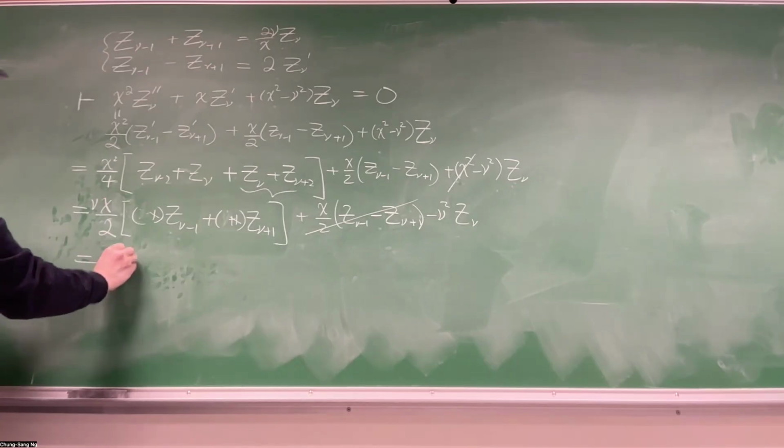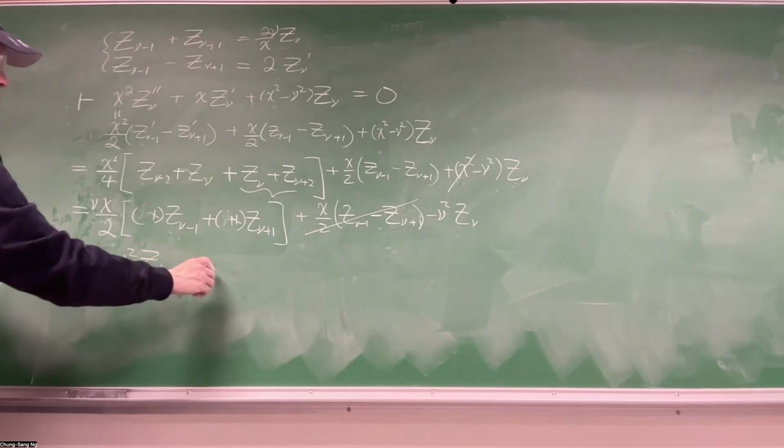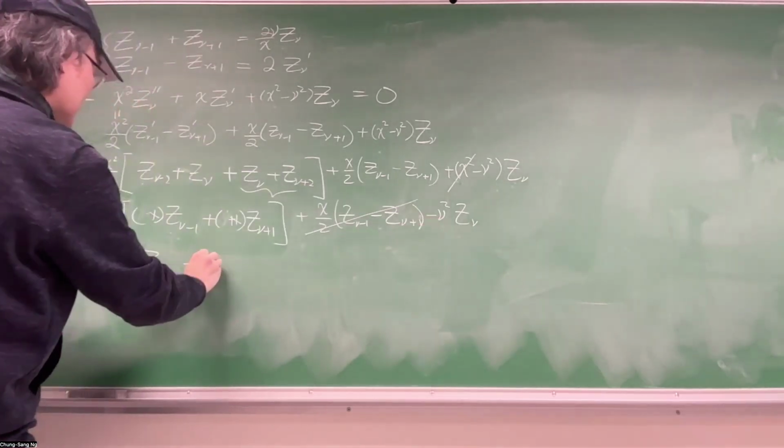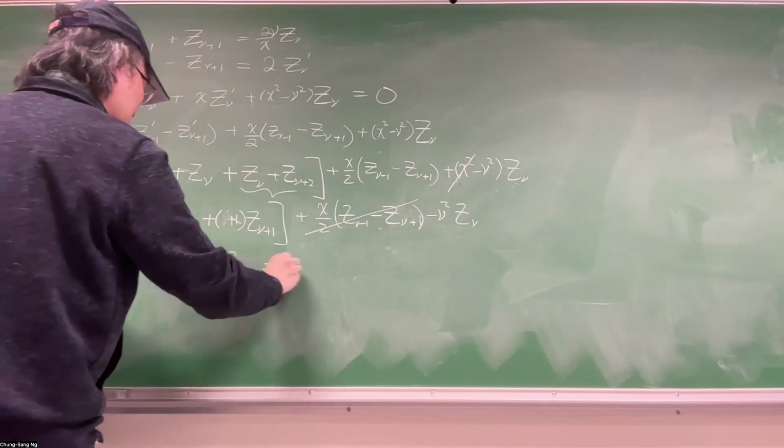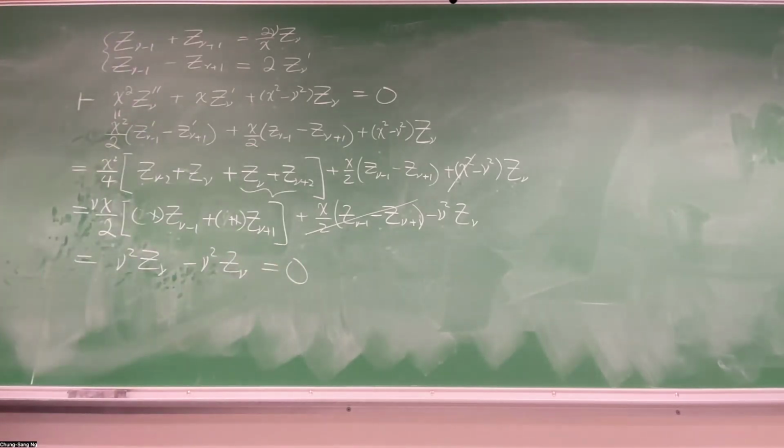So this is nu squared z nu, and then you have minus nu squared z nu, so that exactly cancels. Okay, sometimes you just need to be a little careful when copying equations.